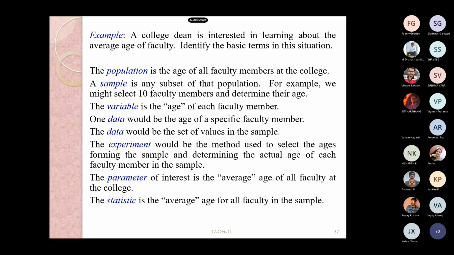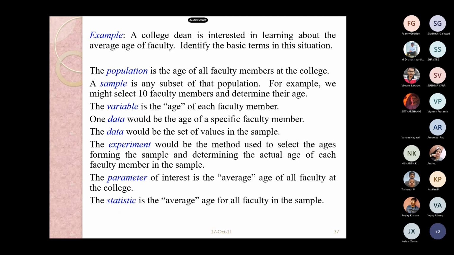When we are dealing with various ages, like 45, 36, 37, that is also data, but it covers more than one specific faculty member. The experiment would be the method used to select the sample and determine the actual age of each faculty member, based on a questionnaire or some other application.